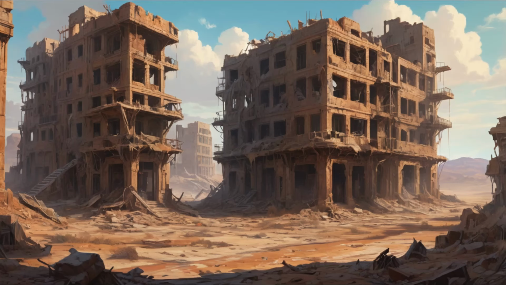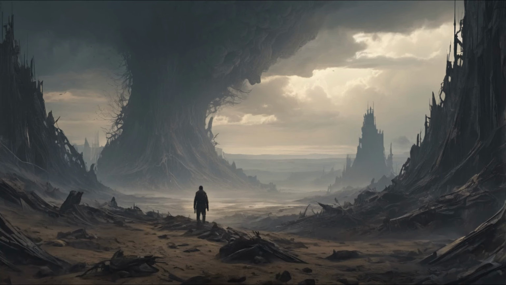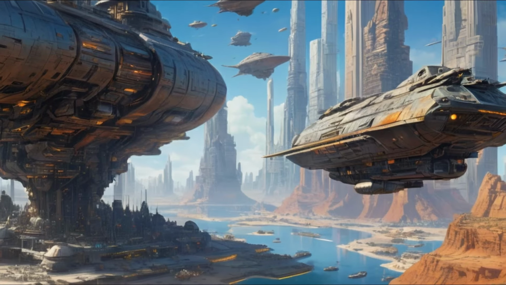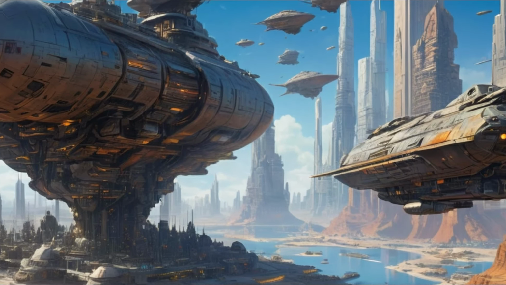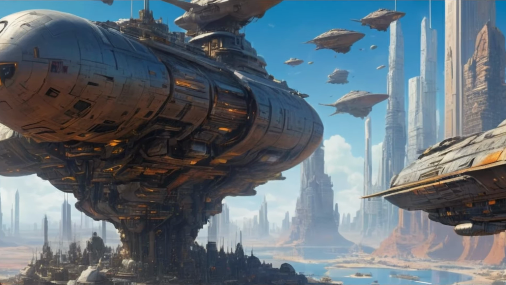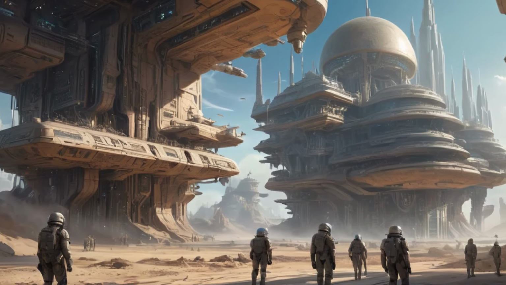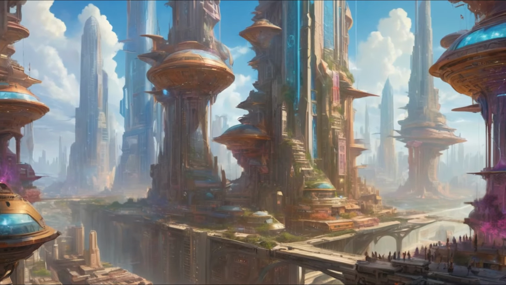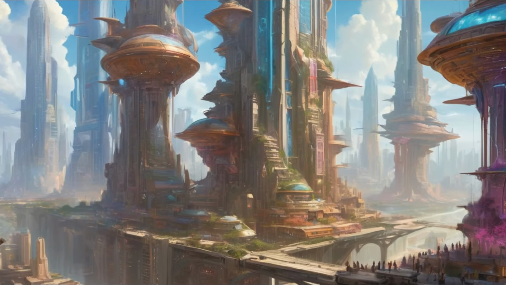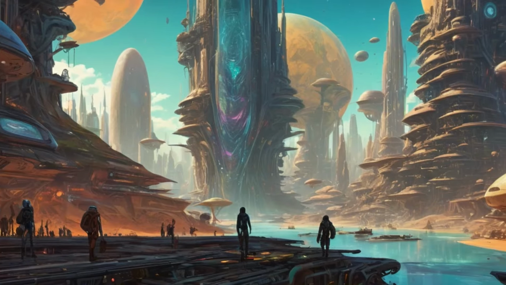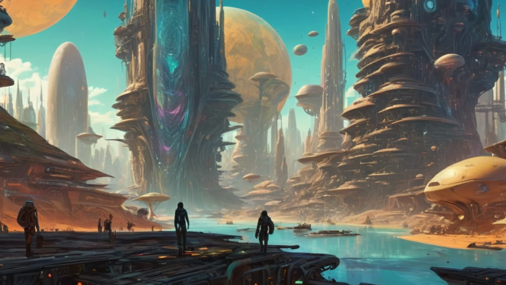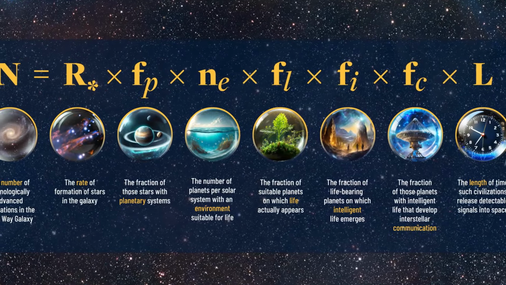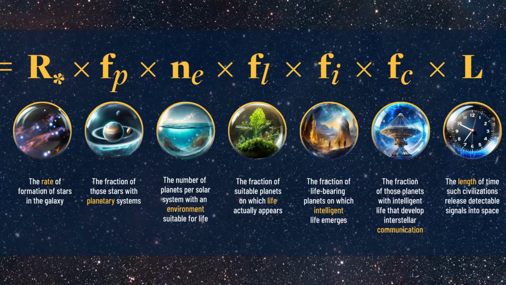Factors like self-destruction, nuclear war, environmental collapse, technological changes, or deliberate non-communication, civilizations going dark for safety reasons, could limit how long a civilization's signals are detectable. L represents the average lifetime of a communicating civilization, and it could range from a few hundred years to millions of years.